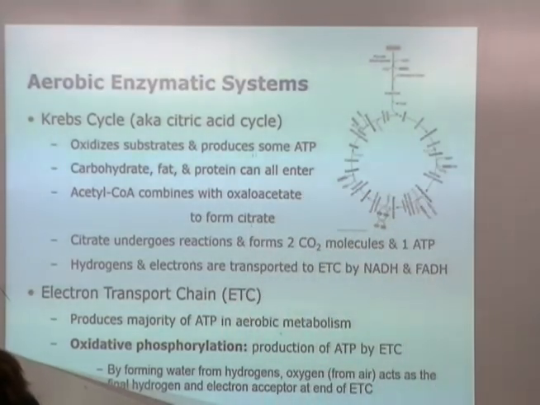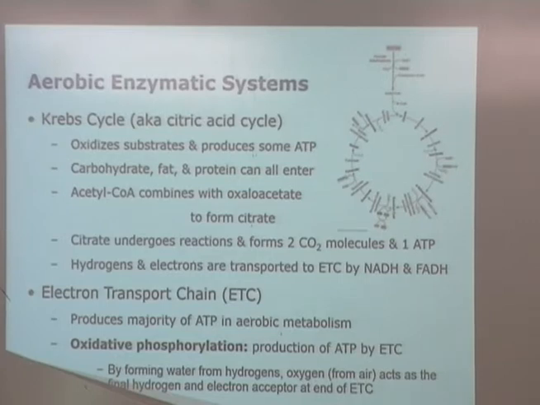All right? Not in our textbook, but often in textbooks, the electron transport chain is depicted as a waterfall. Right? And we drop off a hydrogen, and technically that's the first incorrect thing, right?